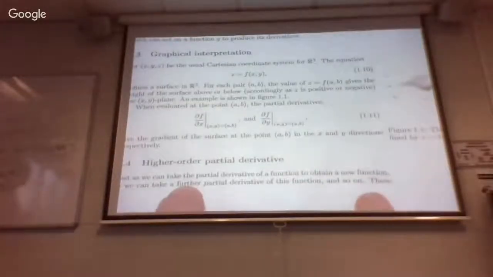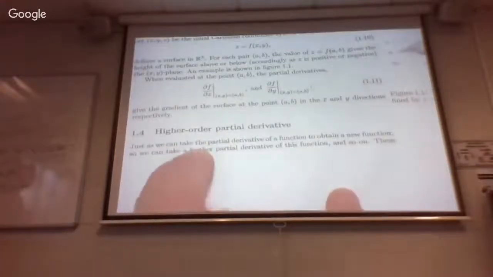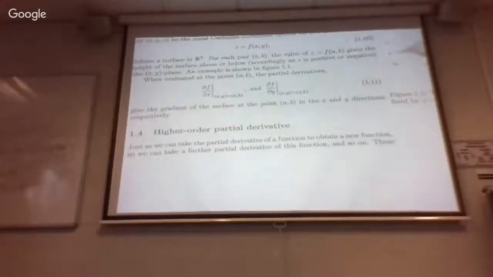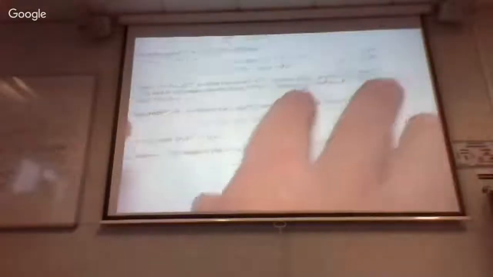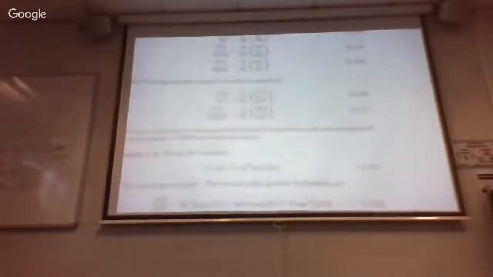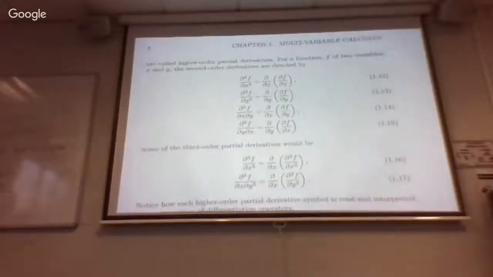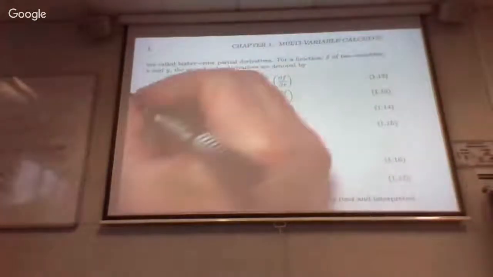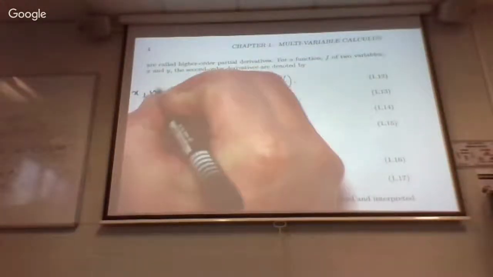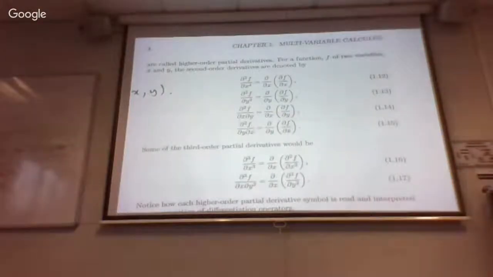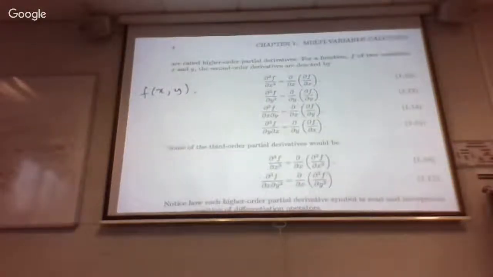We can also speak, and we will be speaking a lot more in this course, about higher order partial derivatives. By higher order partial derivatives, we mean taking derivatives of derivatives. So a function of two variables, f here, and we're still sticking with the two variable case. Okay, we've already seen how a function of two variables, f of x, y, has two first order partial derivatives, df/dx and df/dy.